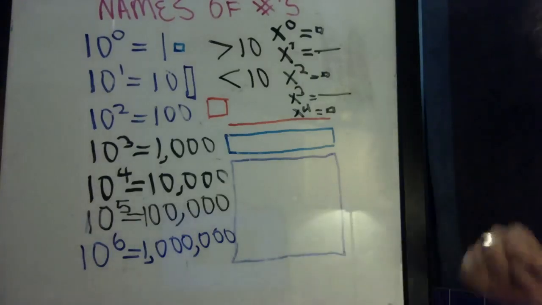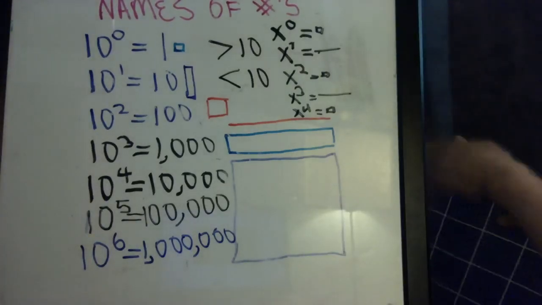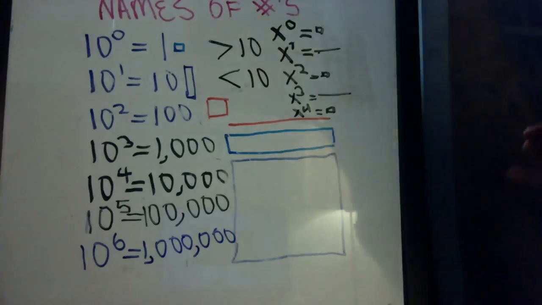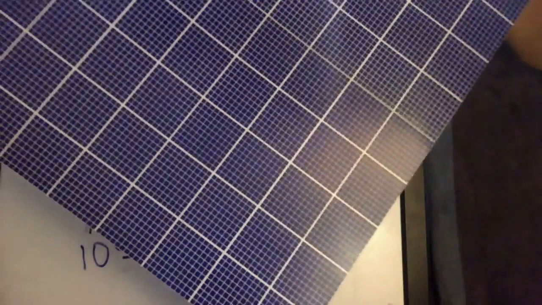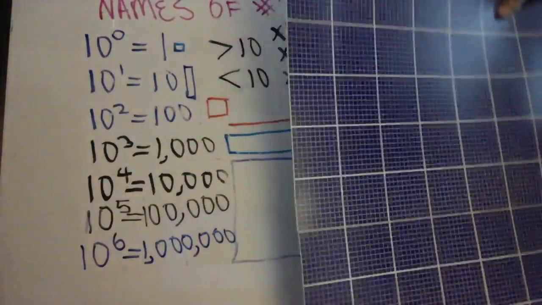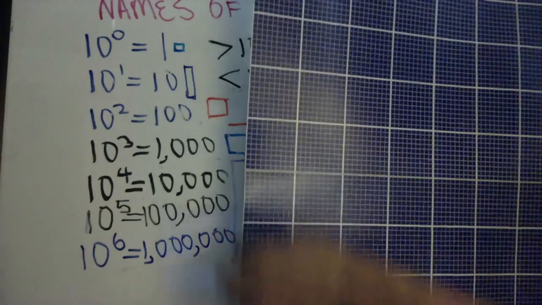So what we did is we said, can you use your imagination? This was my 1,000,000. What's this dimension? And what's this dimension? Well, think about it.